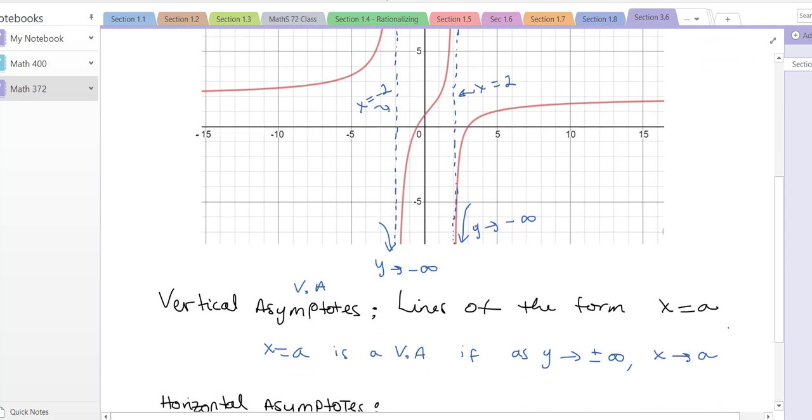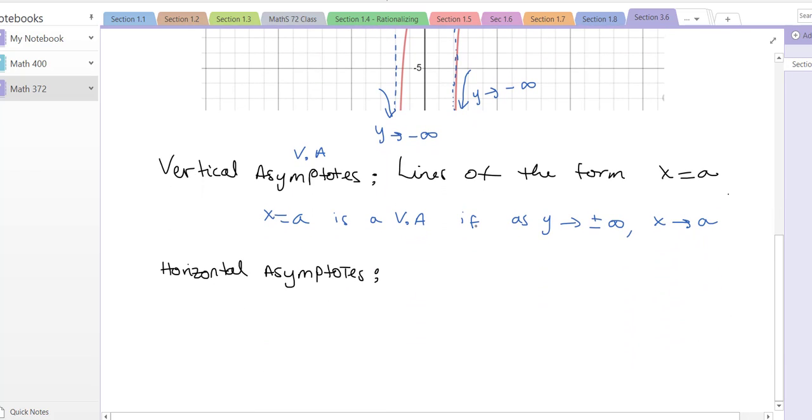Now what is a horizontal asymptote? Based on the definition above for vertical asymptotes, it's very similar, but instead of vertical lines, horizontal asymptotes are going to be horizontal lines. So what does a horizontal line look like? Of the form y equals b.